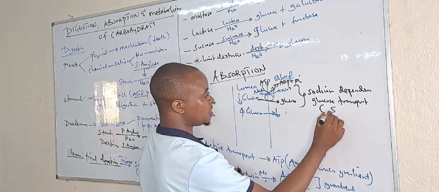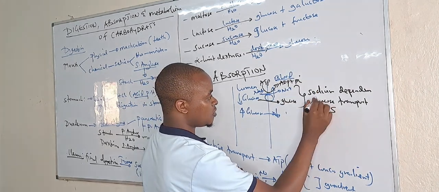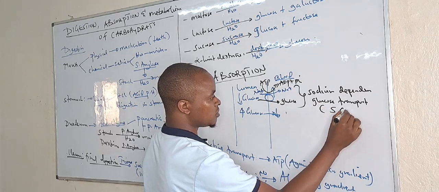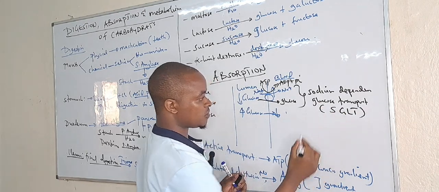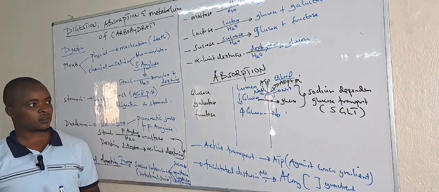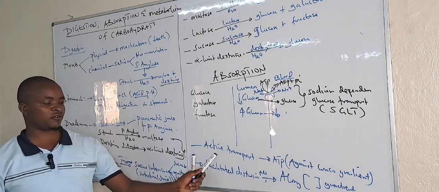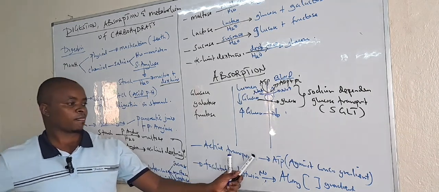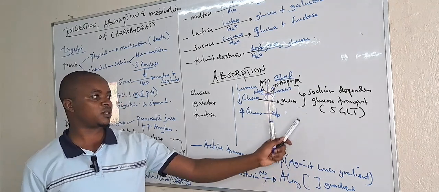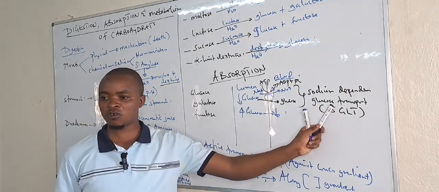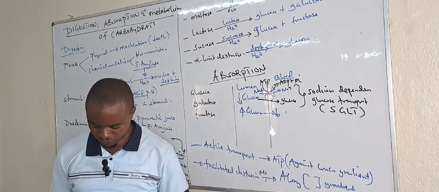We normally abbreviate it as SGLT, sodium dependent glucose transporters. Those are the ones that enable active transport against the concentration gradient.